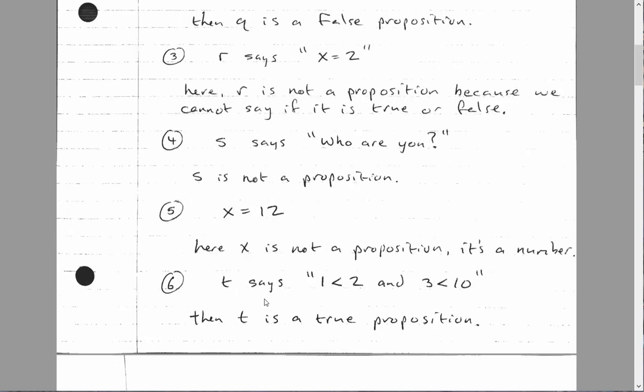Example 6, T says 1 is less than 2 and 3 is less than 10. If you think about it, these are both true, so together this is a true proposition. Okay, so T is true here.